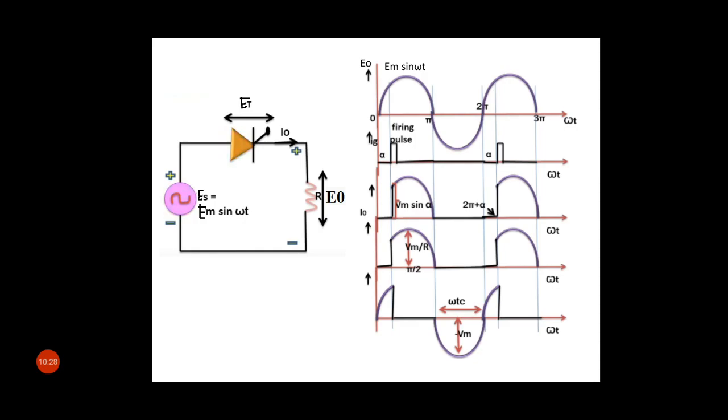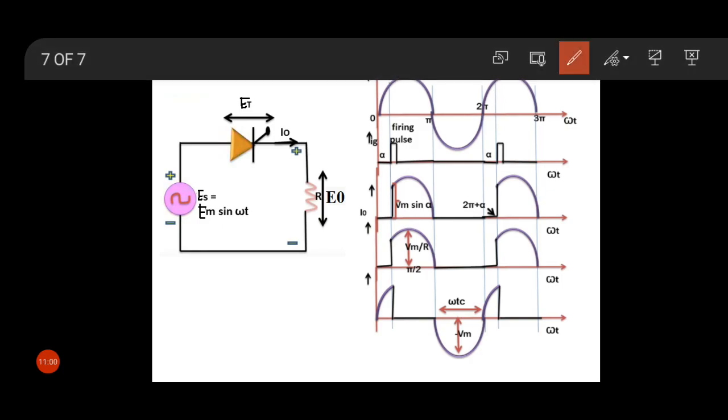As a result, the thyristor gets reverse biased and blocks the negative half cycle of the supply voltage, and all the voltage drops across the thyristor. That's why the terminal voltage is like this. The terminal voltage graph of the negative half cycle is this.